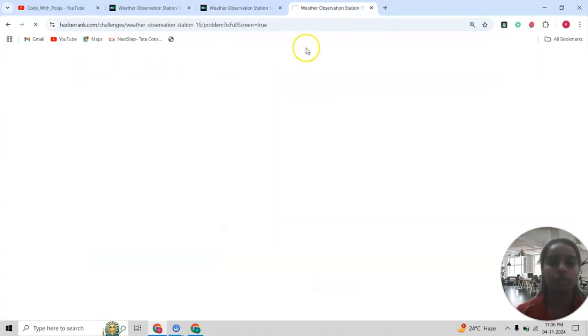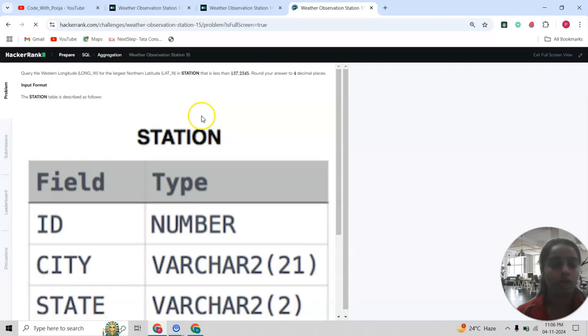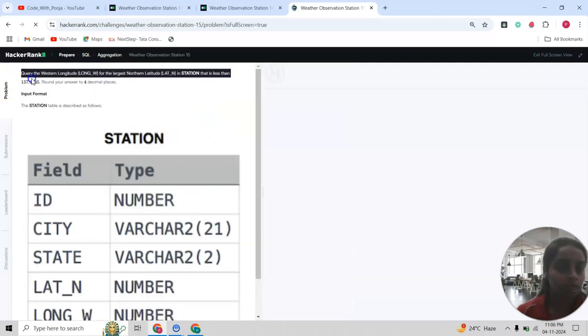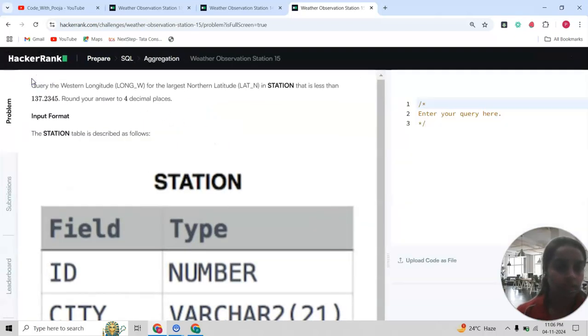So it's weather observation 15. The query says, query the western longitude for the largest northern latitude in station that is less than this one.